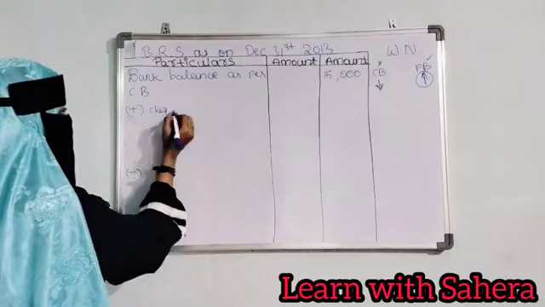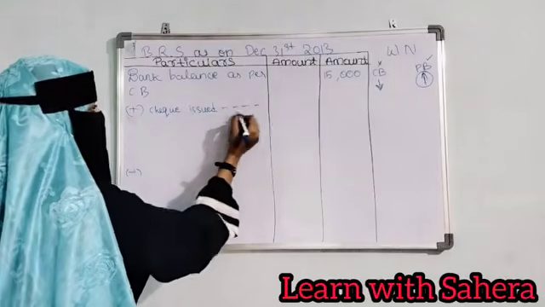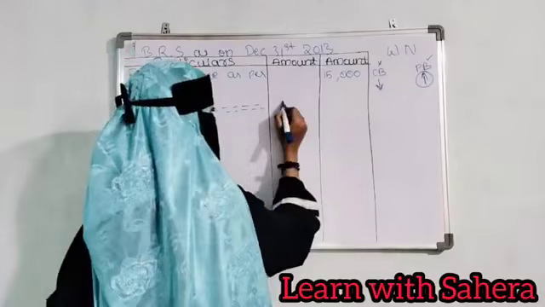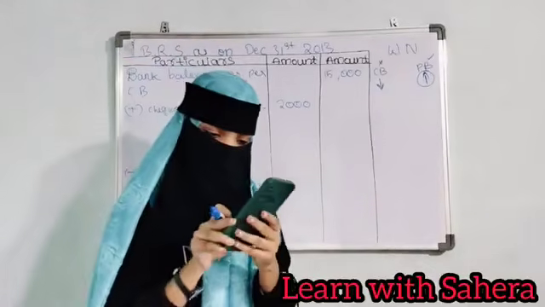Write the whole description here, and the amount is 2,000.